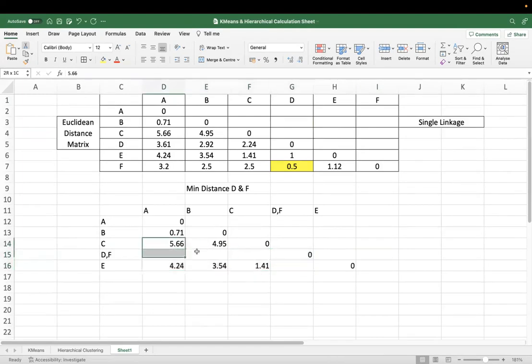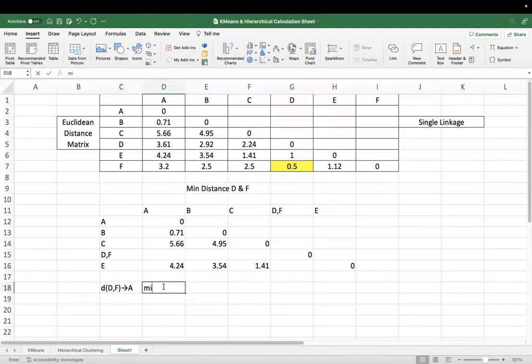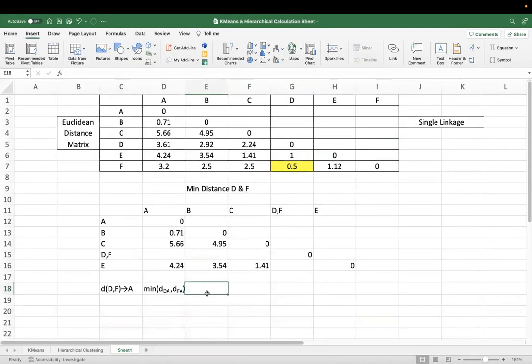Now we have to calculate these empty distances. We have to update this matrix with the calculation because we have combined D and F into the first cluster. Now we have to calculate the distance between D comma F, the cluster, which will be the min of distance DA and FA. What is the distance between D and A in the original matrix?